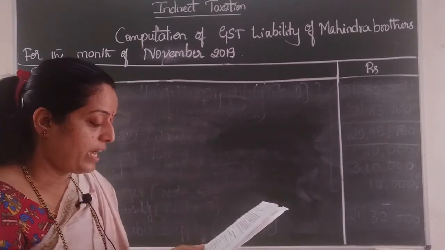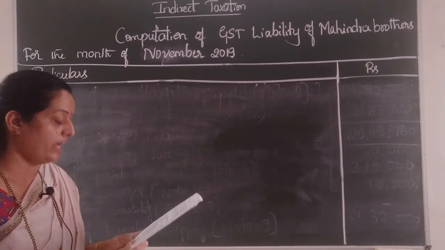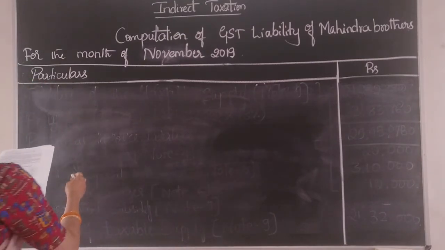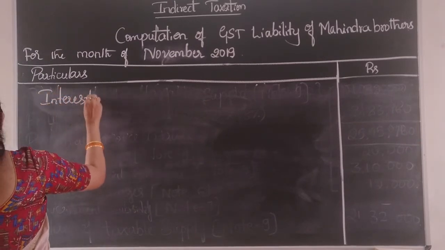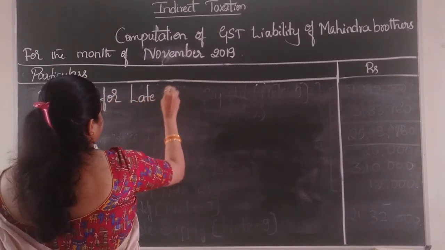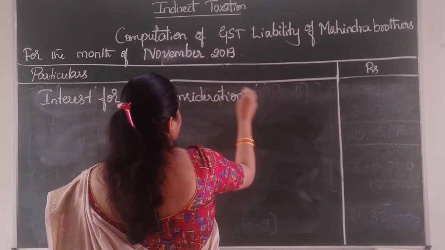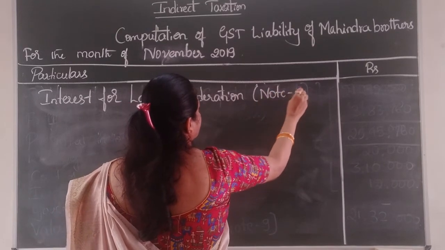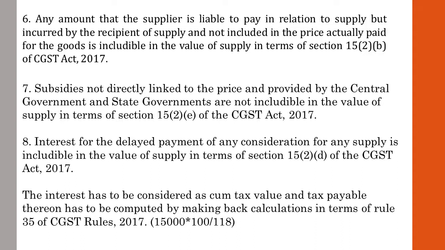Okay. So tax liability for the month of November 2019. Interest for late consideration. You can refer to note 8. Note 8 says that interest for the delayed payment of any consideration for any supply is includable in the value of supply.